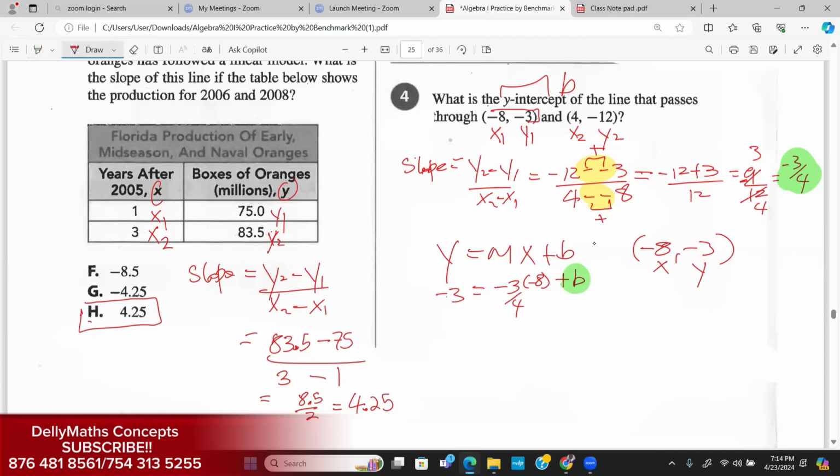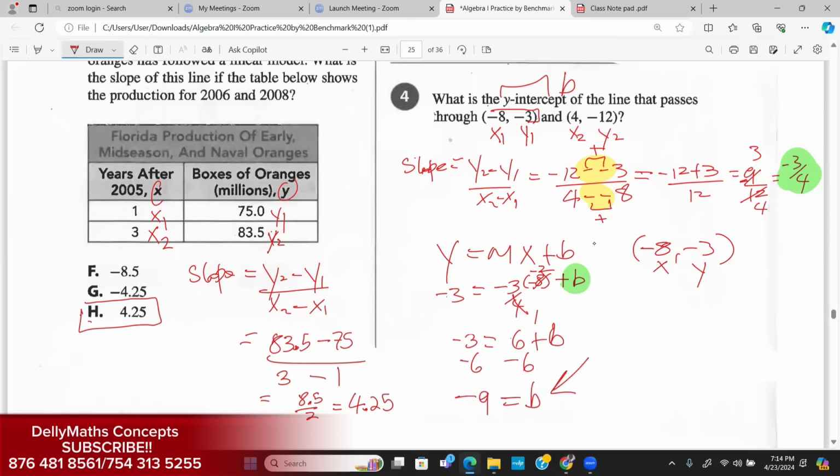So let us break this down, right? Definitely 4 could go into itself, 1. 4 into -8, that's -2. So I'm looking at -3, which is equal to -3 times -2, which is +6, plus b. Now I'm going to subtract 6 from both sides so that the b is alone. So -9 is equal to b.